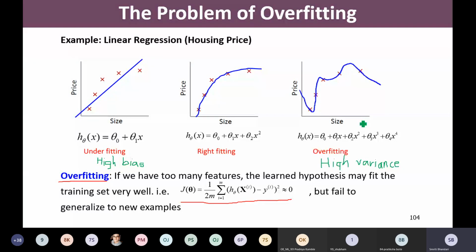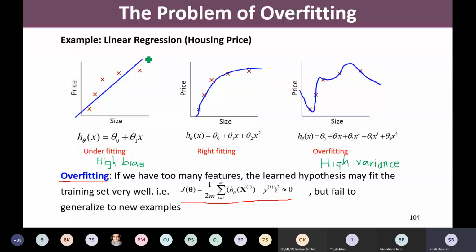Okay, what is bias? We know what bias is. Bias is the assumption made by a model to make a function easier to learn. I'll repeat. Bias is the assumption made by a model to make the function easier to learn.